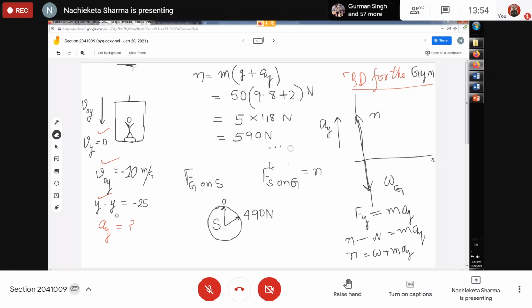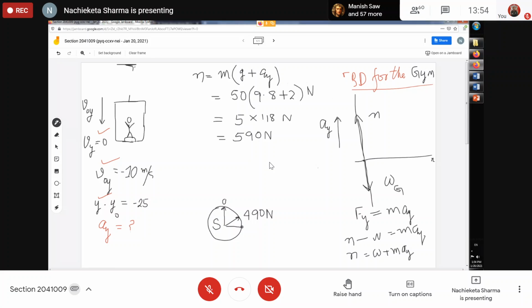So I must say that due to the effect of an accelerating elevator, a lady of 490 Newton will see her weight not as 490 Newton, but 590 Newton on the weighing machine, and she will wrongly conclude that she has gained extra weight.